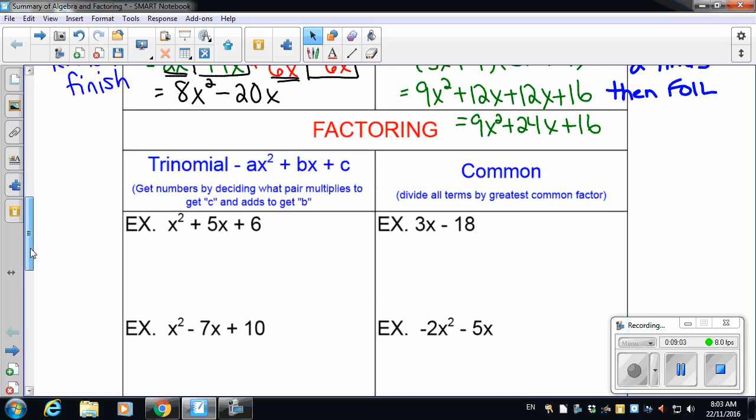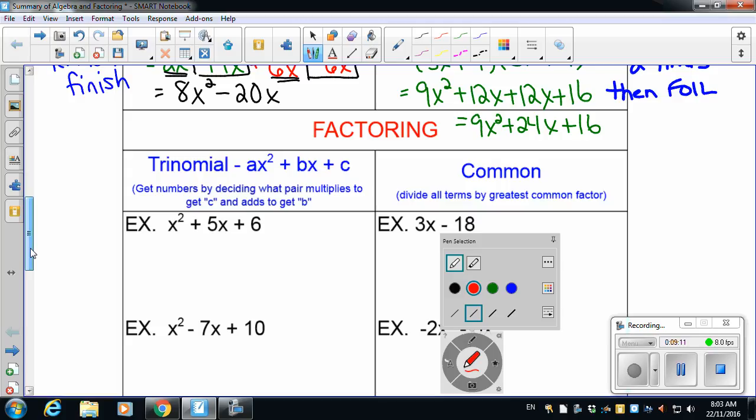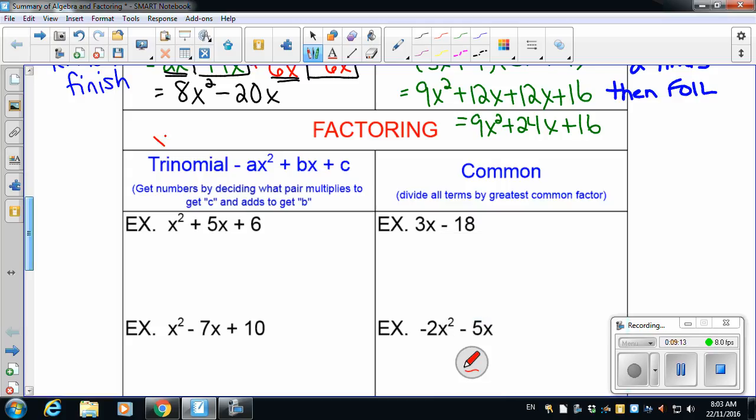So when I'm factoring, it is the opposite of expanding and simplifying. Basically, I'm giving you the answer and I want to know what you multiplied to get that answer.